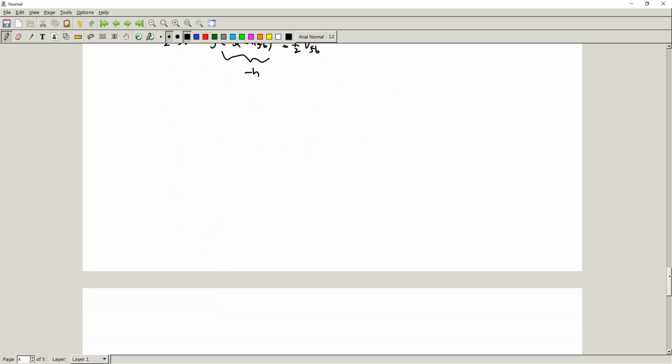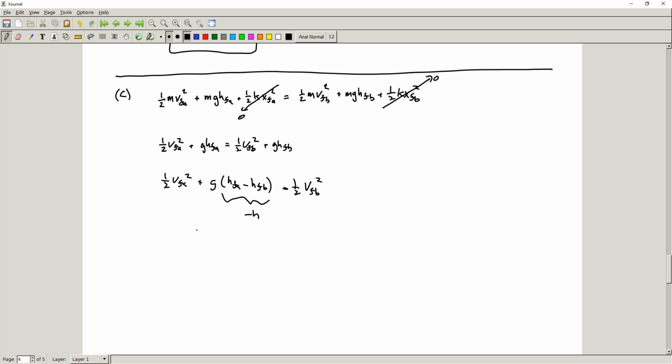Let me scroll down a little bit here. And so we end up with an equation that looks like this. I'm going to multiply through by 2 just to clean things up a little bit, and we end up with an equation that looks like this.